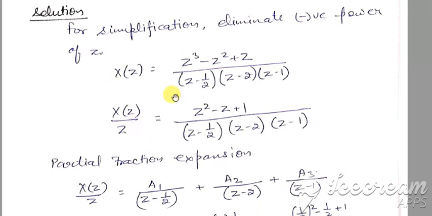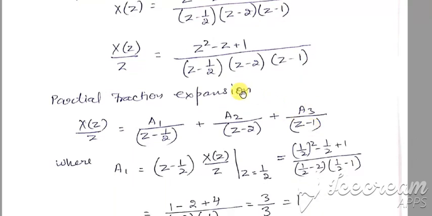Now we can take Z common from this expression and we can write X(z) upon Z is equal to (Z square minus Z plus 1) divided by (Z minus 1 by 2)(Z minus 2)(Z minus 1). Now we will apply the partial fraction expansion.